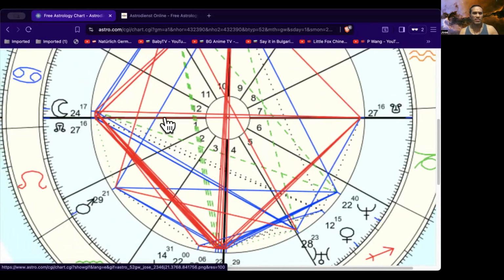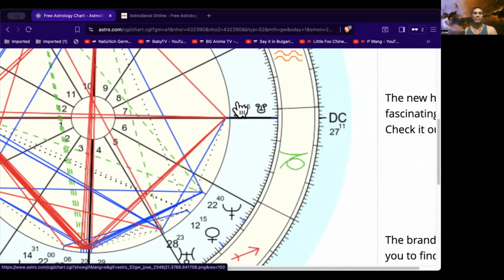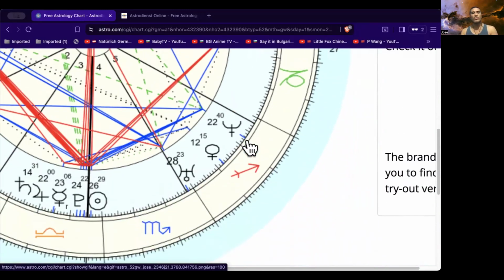But look at the numbers. 27 is Cancer. It's almost like it kind of repeated itself. But in this case, now my South Node was in. So you can also do interpretations of what this means for you in this life. It's like, what lessons did I learn back then that I can look at today?